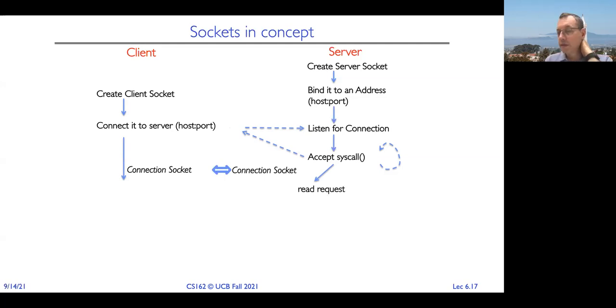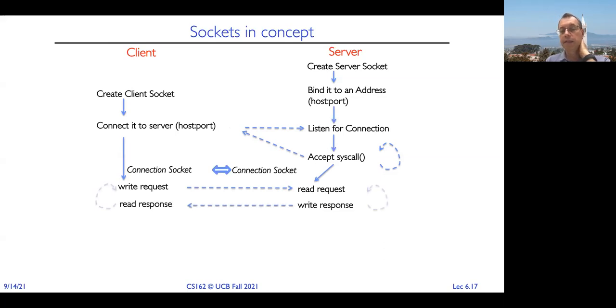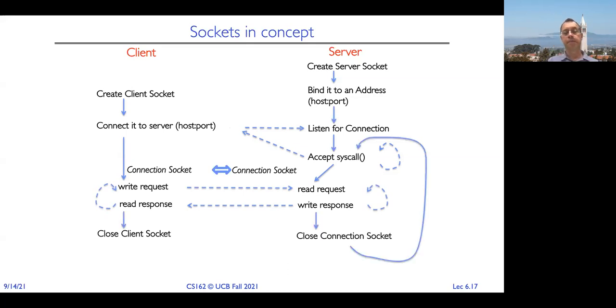Now the server blocks in a read, and the client writes. Eventually, when the data written by the client gets to the server, it reads it and writes a response. The client reads the response, and then at the end, you close the socket. Both the client and the server close the socket.